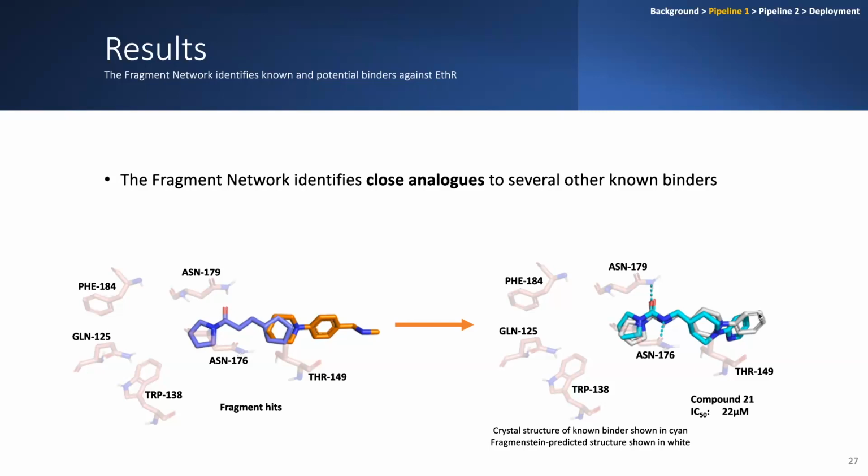This example shows the fragment network identified structure in white and the crystal structure in cyan, and they only differ by a single nitrogen atom. But we wouldn't expect the fragment network to be able to pick up this compound anyway, because the original nitrogen atom wasn't found in the original fragments. However, this compound had an IC50 value of 22 micromolar.